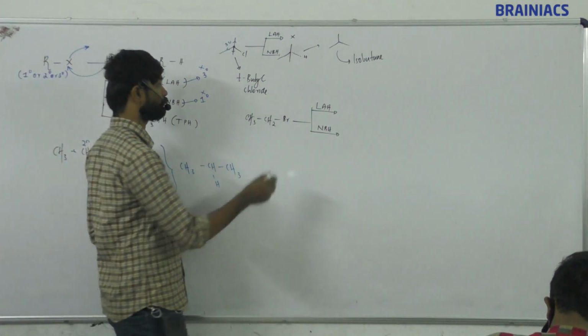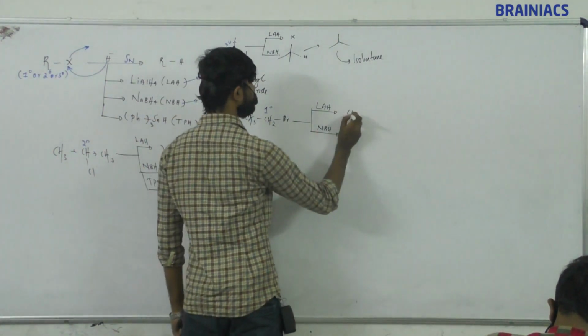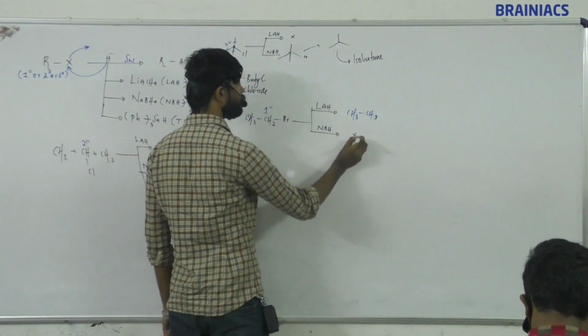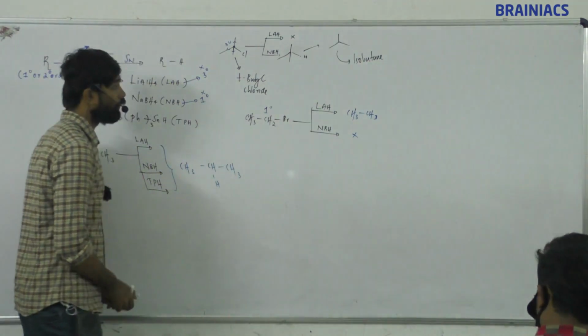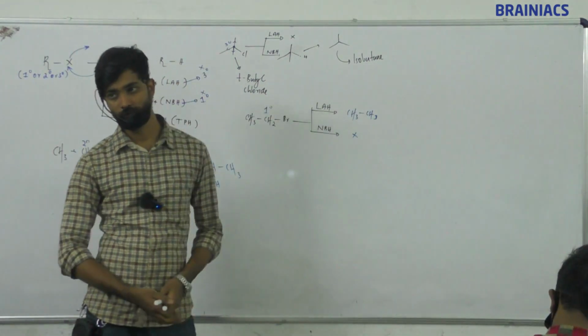This is what? Primary, right? So no problem with LiAlH4, but here there is no reduction. Why does this tertiary butyl chloride become isobutane?